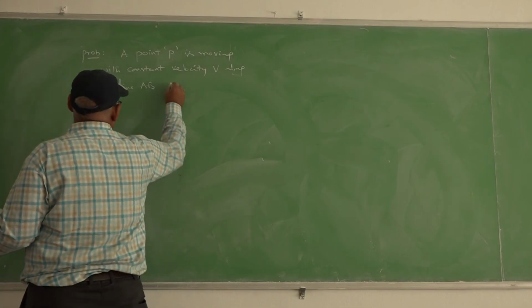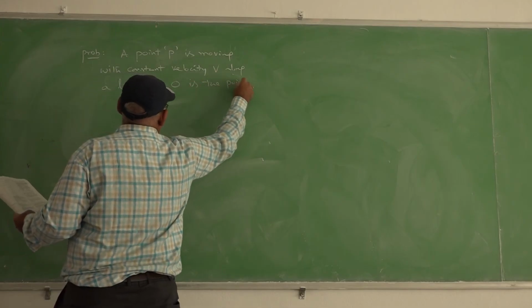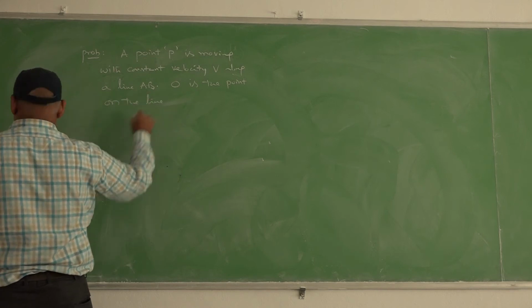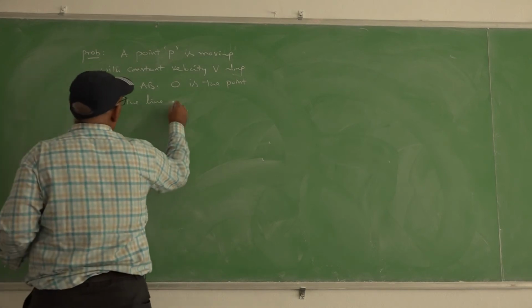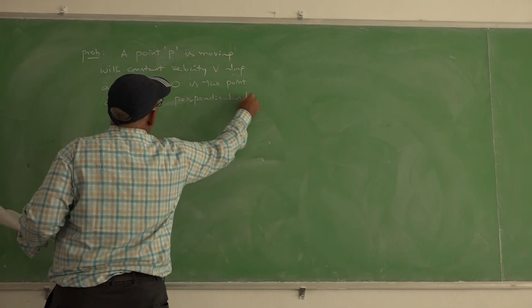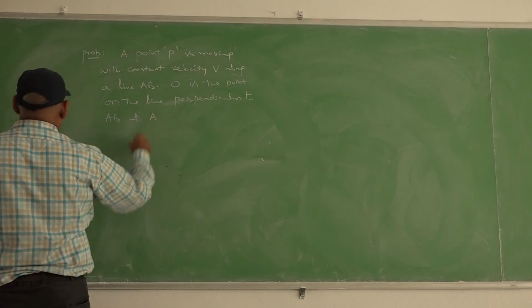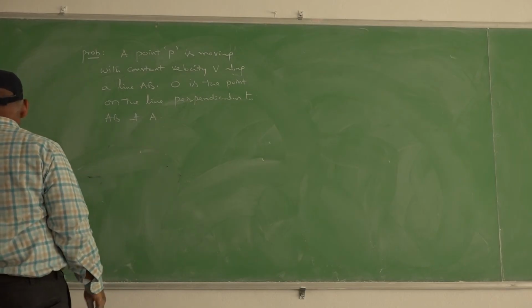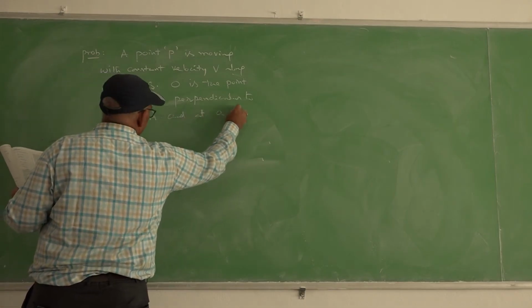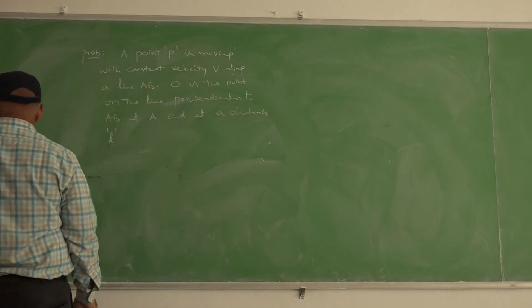O is the point on the line perpendicular to AB at A, and at a distance L from A.